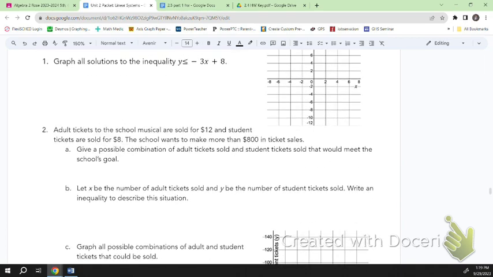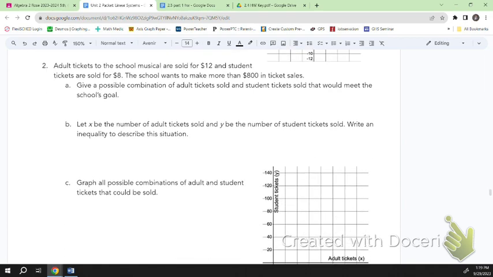Awesome. Thank you. So we're going to make an equation now. In combination, we need these two types of tickets to be more than 800. So I'm going to let student tickets be X and adult tickets be Y. And I'm going to say 12X plus 8Y. Now here's my question for you.